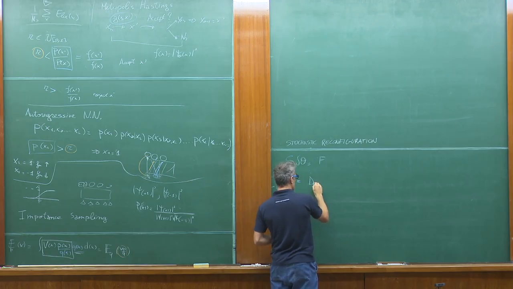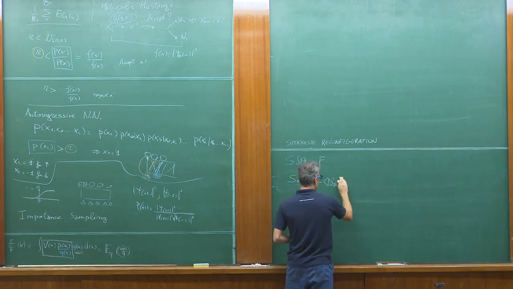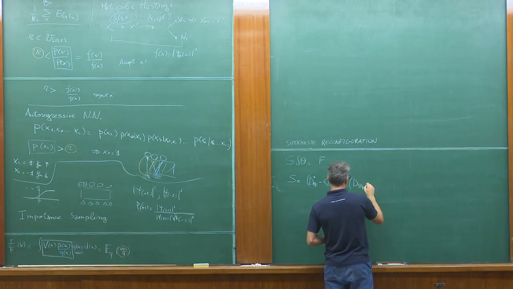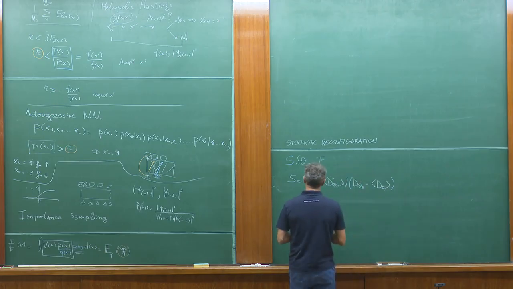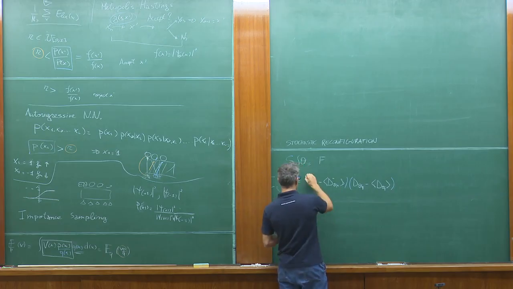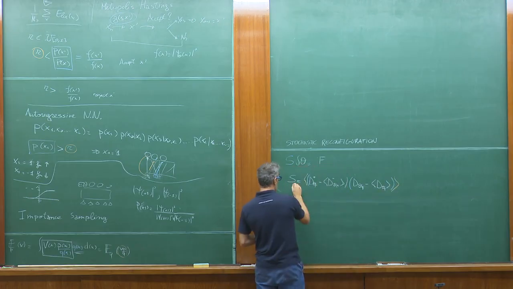Okay, so let's say theta p, star, minus expectation value. And then of course is expectation value over all this thing. Notation is not great, but I will still use this notation here. Okay, and this would be S PQ.